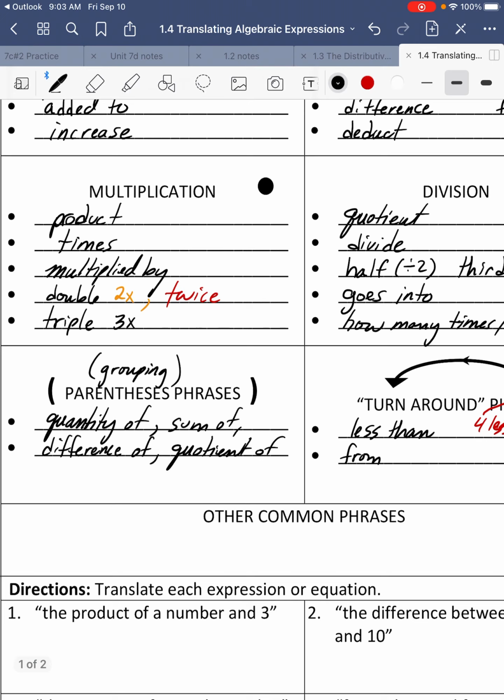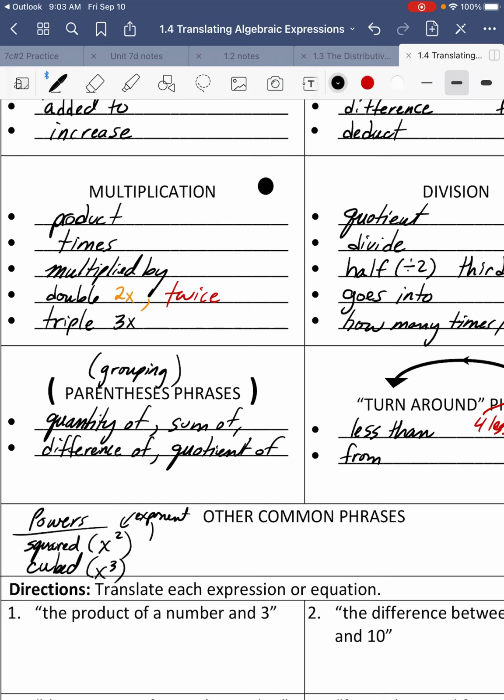Other common phrases you could see. So with powers, we have squared, which is like whatever variable to the second power, exponent of 2. Or cubed is a common one.